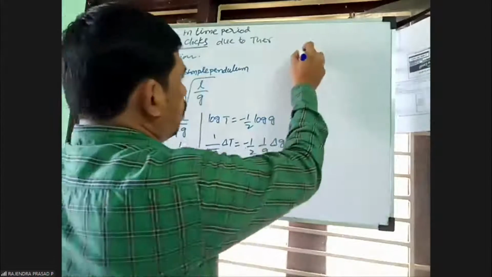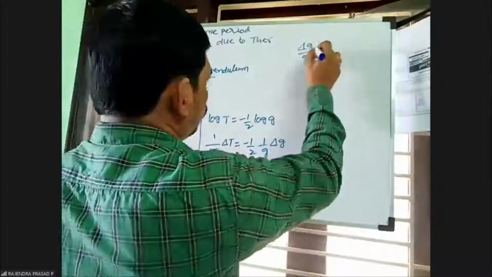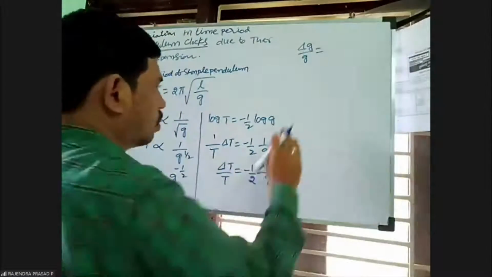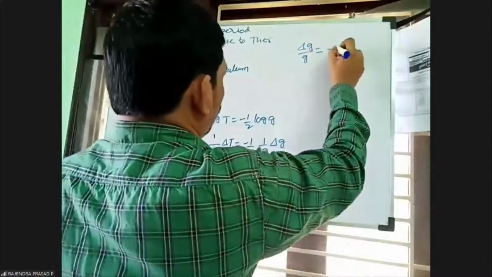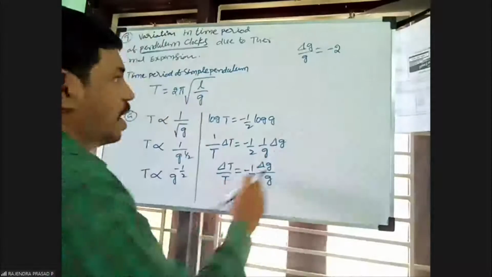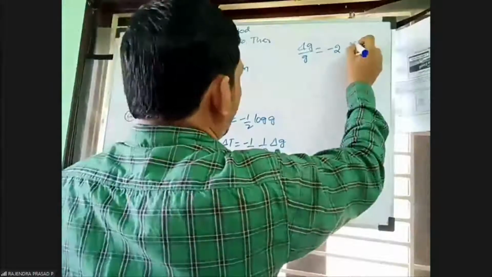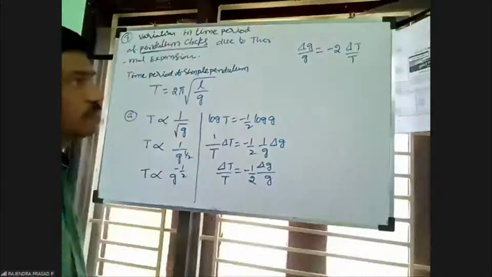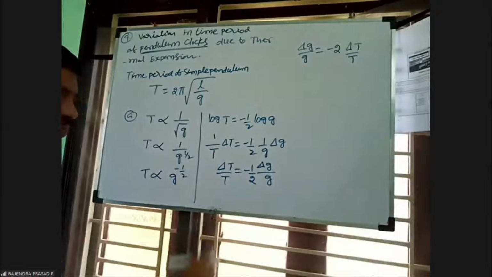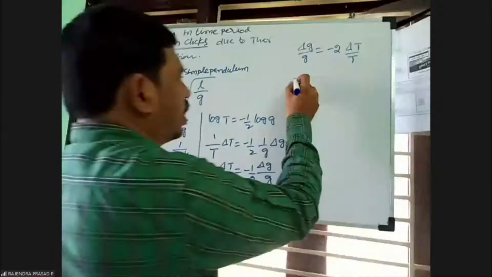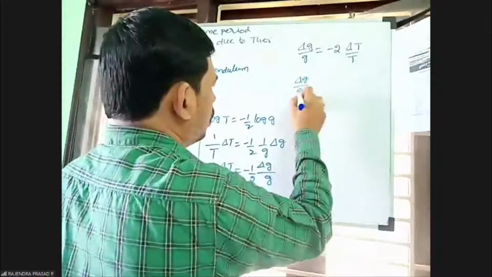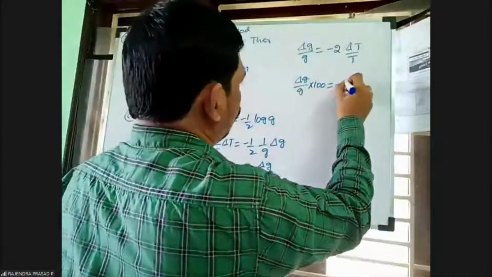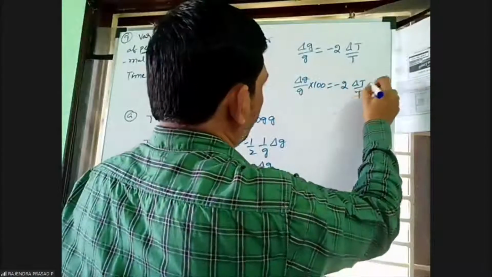So delta G by G equal to minus 2 into delta T by T. For percentage, delta G by G into 100 is equal to minus 2 into delta T by T into 100.